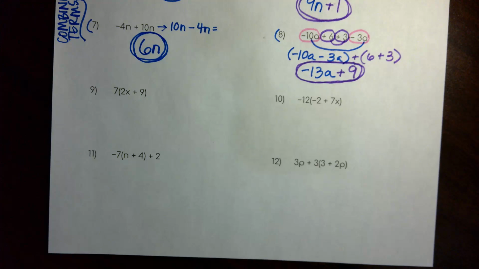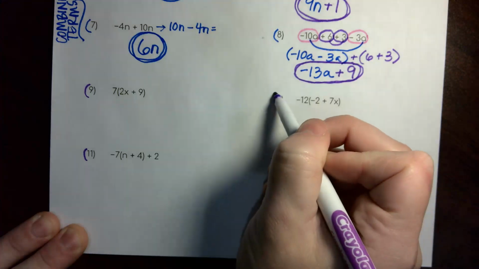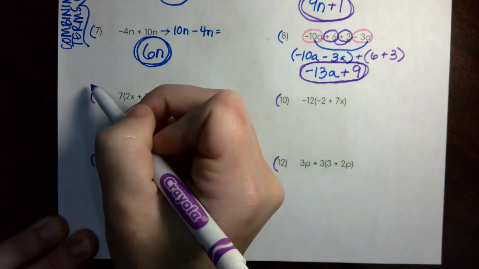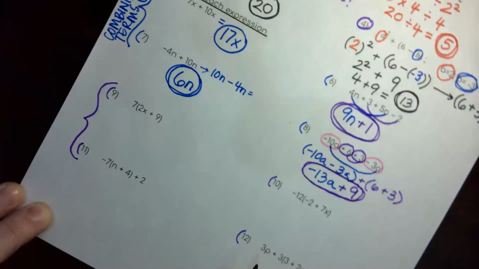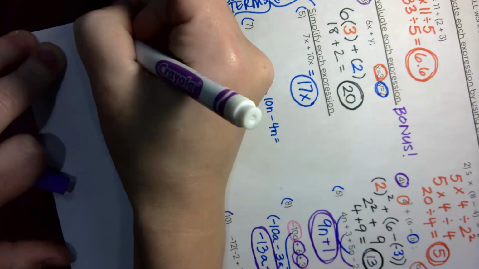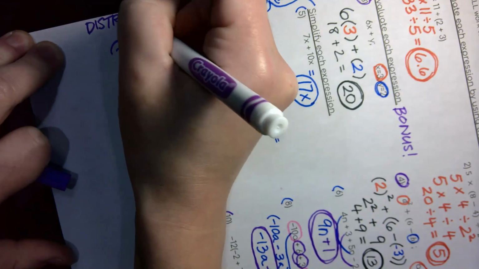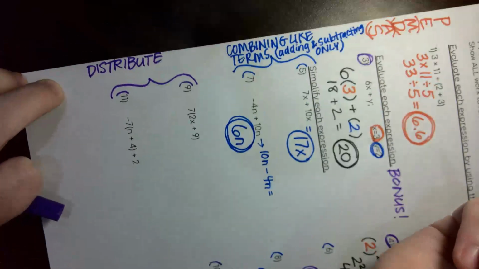For 9 through 12, we start with distribution. So I'm going to label these for you because it's going to be the same way on your quiz. For 9, 10, 11, and 12, we start by distributing. So I'm going to write that right here. Distribute. And what operation do we use when we distribute?